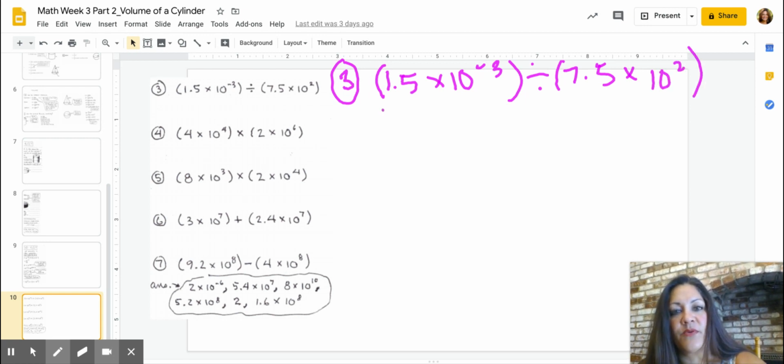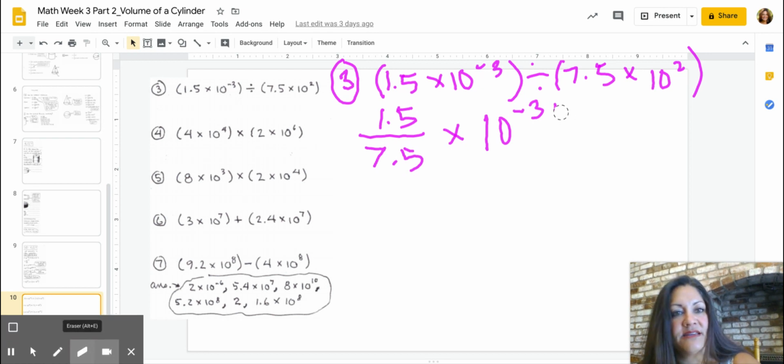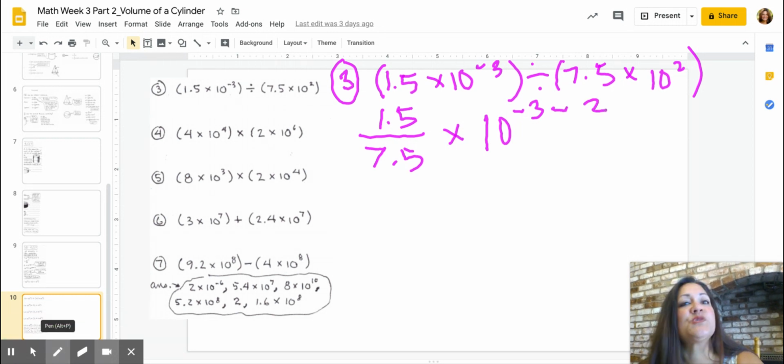So we have 1.5 divided by 7.5 times 10 to the negative third minus 2. And of course, we're going to add the opposite on that. So we're going to add a negative 2.